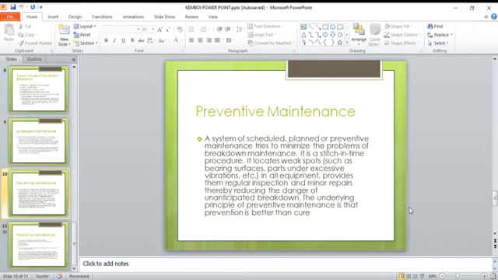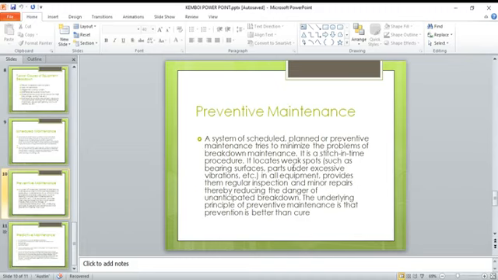Let's now see preventive maintenance. In preventive maintenance, a system of scheduled plan or preventive maintenance tries to minimize the problems or breakdown maintenance. By the word preventive, it tries to prevent or to minimize breakdowns. That is the meaning of preventive maintenance. You just do maintenance to prevent the fault that may come sooner or later. It is a stitch in time procedure.